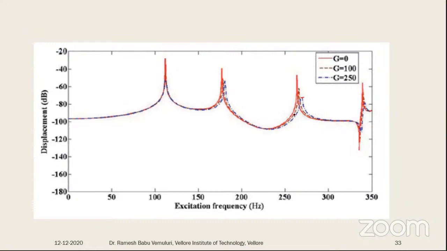Here the excitation frequency is more for the 250 gauss, but in the first natural frequencies there is not much improvement in the excitation frequency, but the displacement is reduced. Once we go to the higher natural frequencies, the excitation frequency is also increasing, as well as the displacements are reducing.